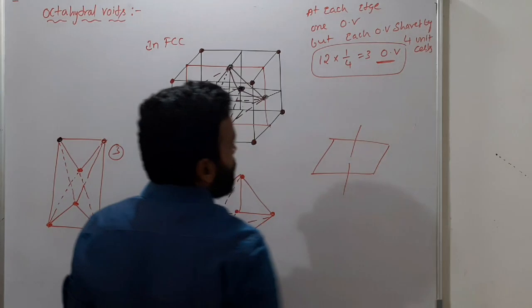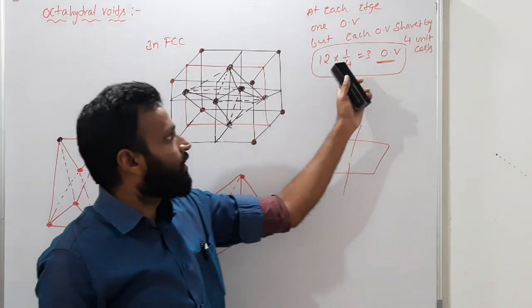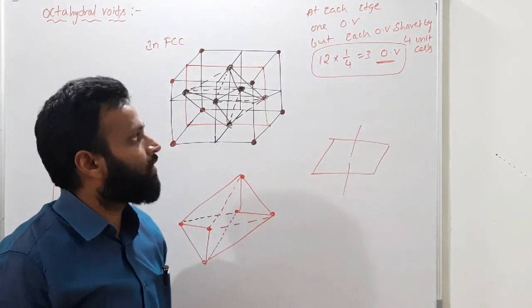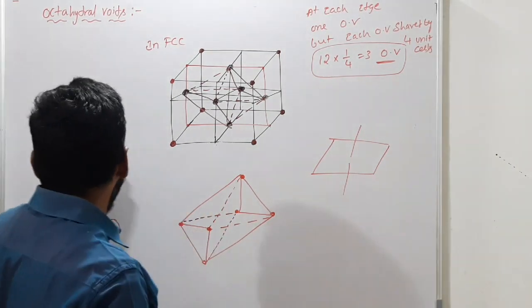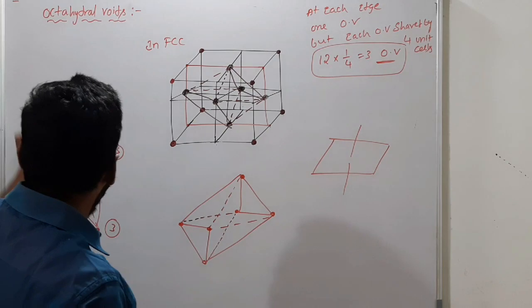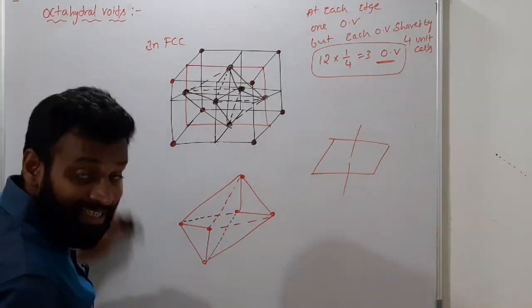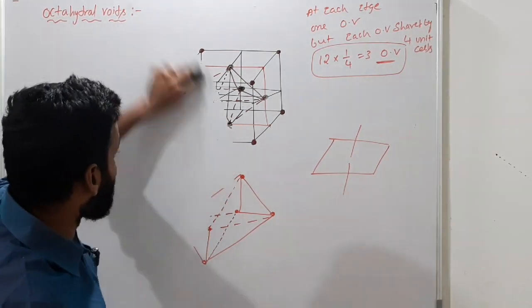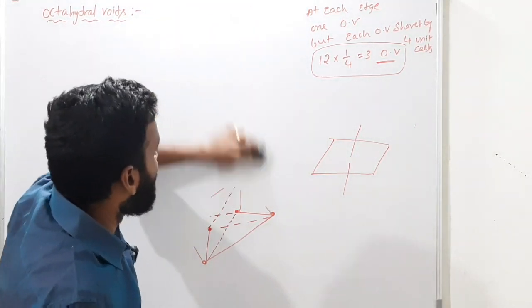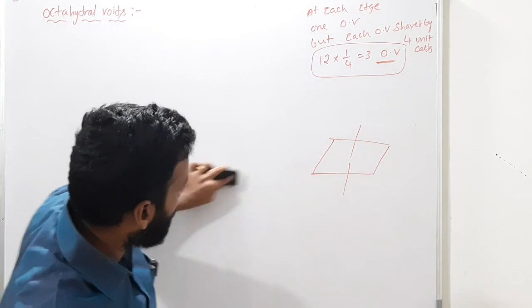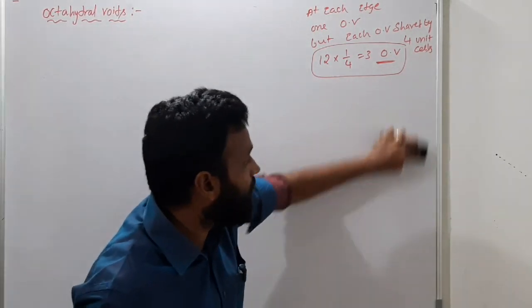Shared by how many unit cells? 4 unit cells. So you have 12 into 1 by 4. So 3 octahedral voids you will have. As I told you, you will have an octahedral void at exactly the center of the FCC unit cell, and at every edge there will be one octahedral void.